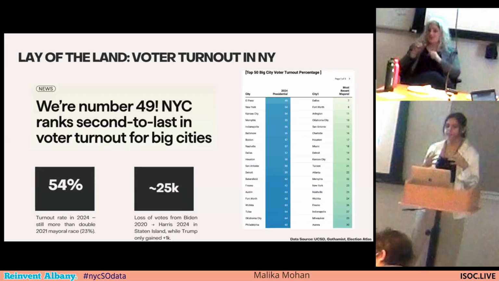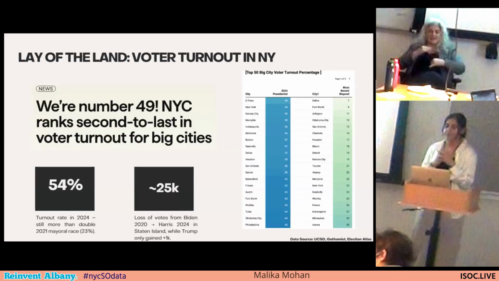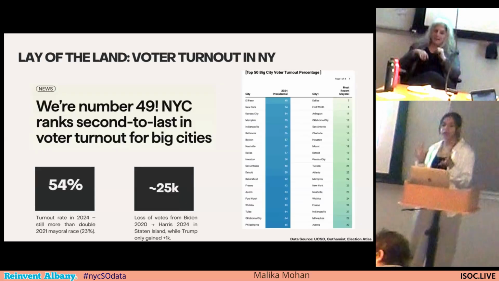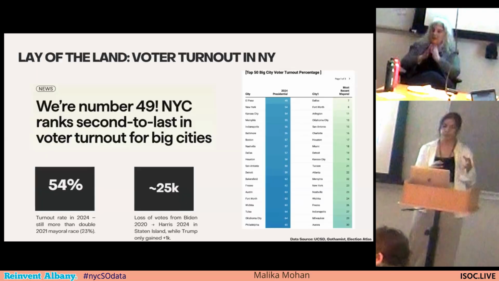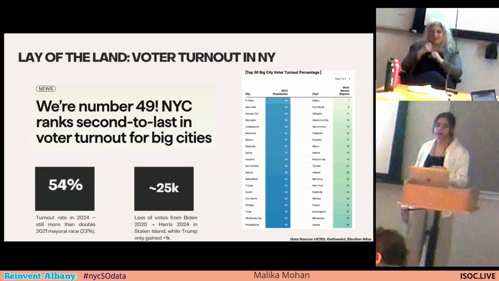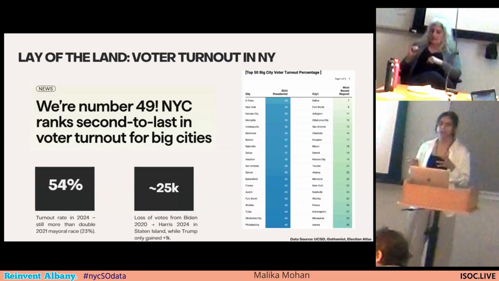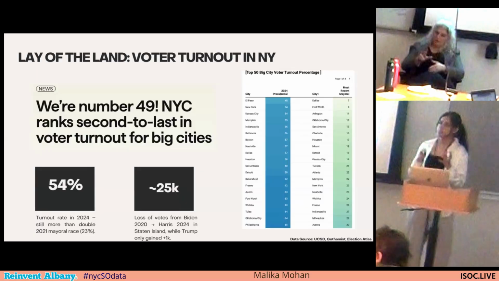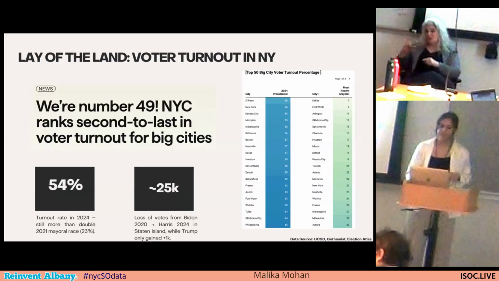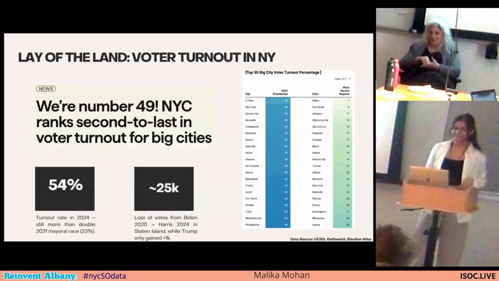They just stayed at home and didn't vote. Another quote I wanted to surface is from Stephen Rybalewski, director of the Senior Mapping Service: in a way, New York got redder because it got less blue. I think this can also be illustrated by the statistic on Staten Island voting, where the Democrat candidate lost 25,000 votes between 2020 and 2024, while Trump only gained 1,000. The next slide, yes.